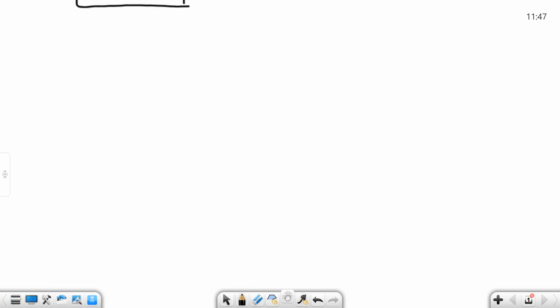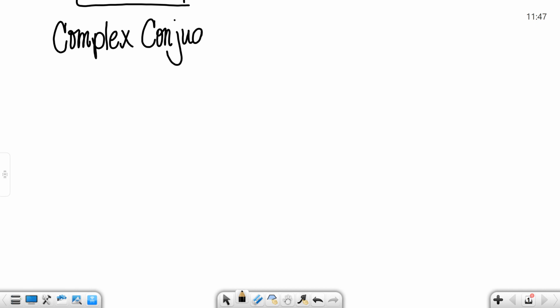Okay, the next idea, these are called complex conjugates. Now for those of you that took Math 100, we worked with conjugates a little bit, not complex, but we worked with conjugates.